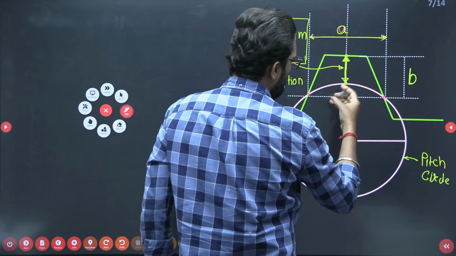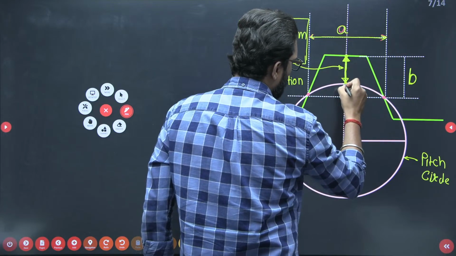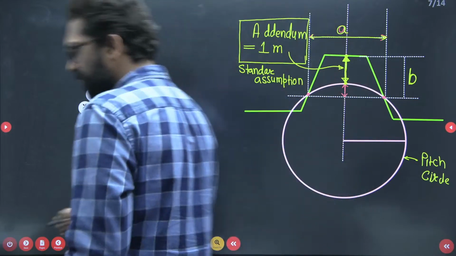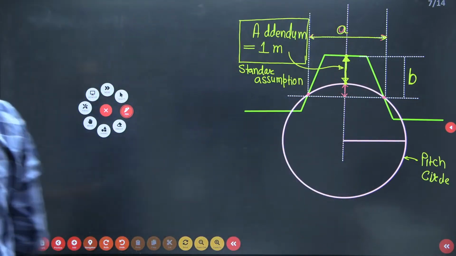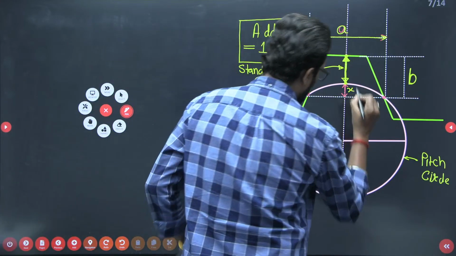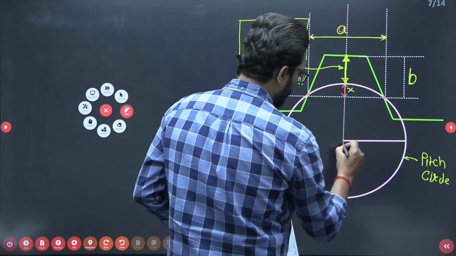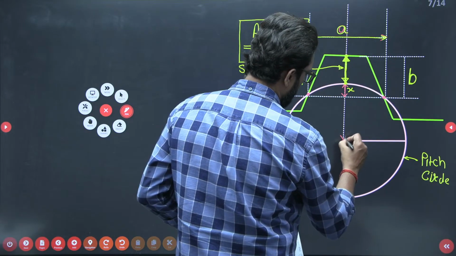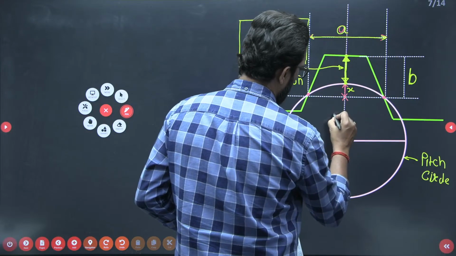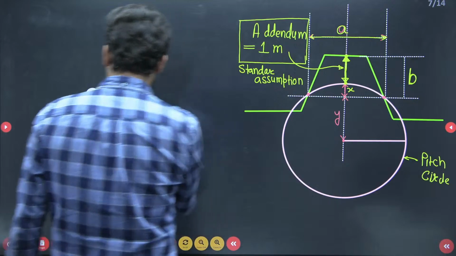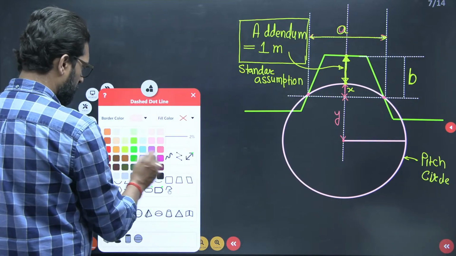Let's suppose this distance is x, and from here to the center, let's suppose this is y. Clear? And this is our radius, yes or not?